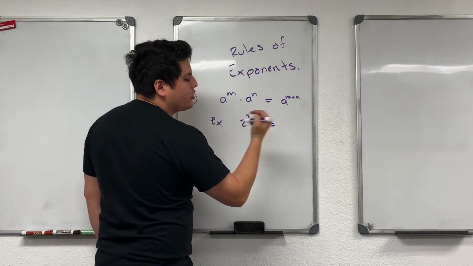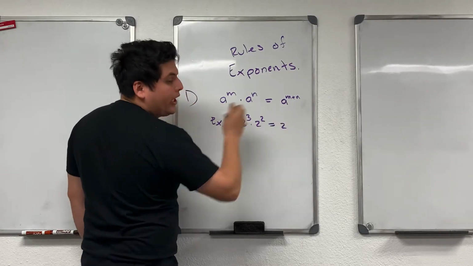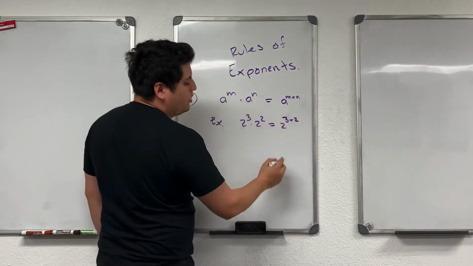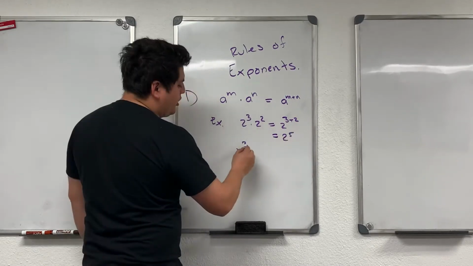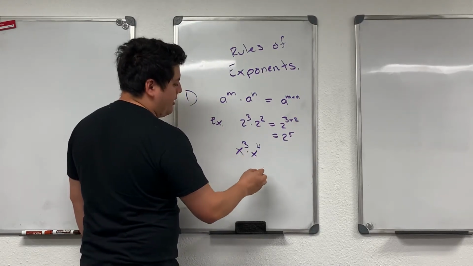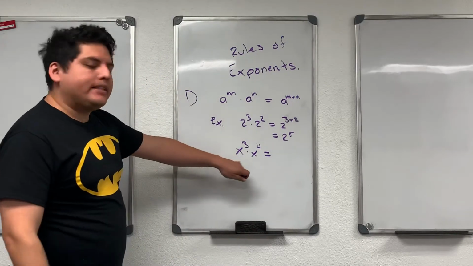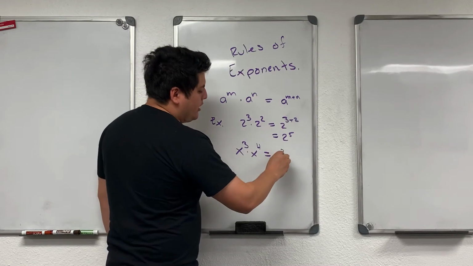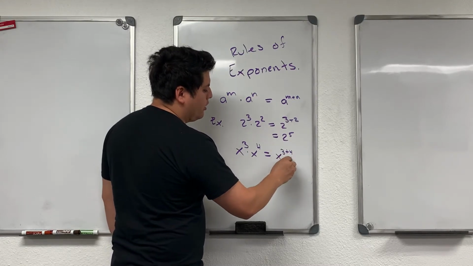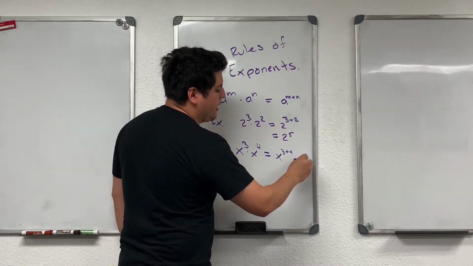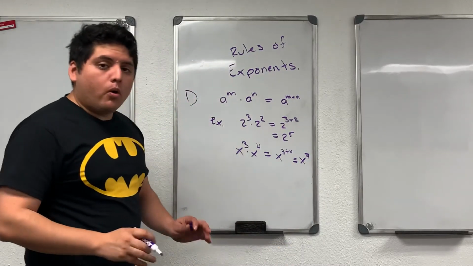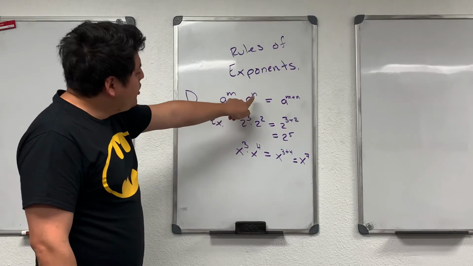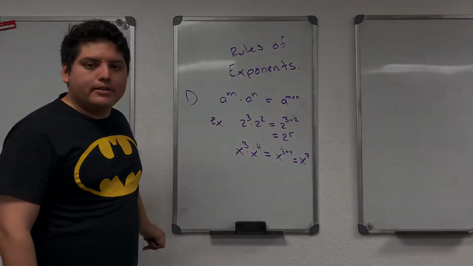Well, that's just going to be 2 to the power 3 plus 2, because we rewrite our base and we add up the exponents, which equals 2 to the fifth. x to the third times x to the fourth. Well, they have the same base, therefore I know my answer is going to be x to the 3 plus 4, which is just equal to x to the 7th. Okay, so anytime you're multiplying the same base, all you have to do is add up the exponents.